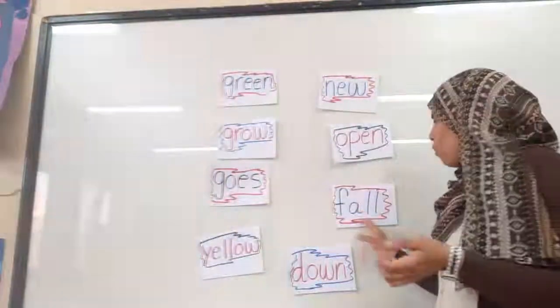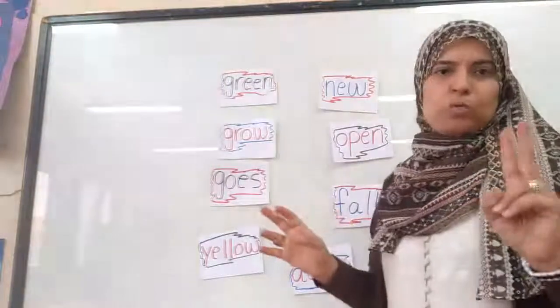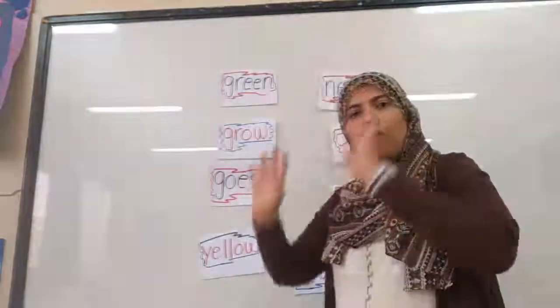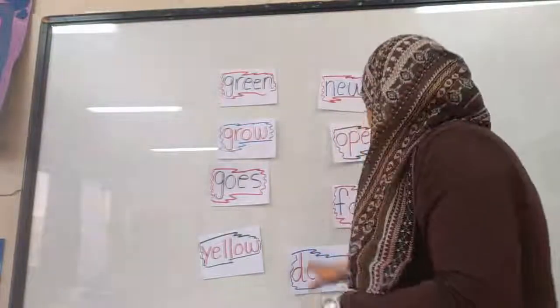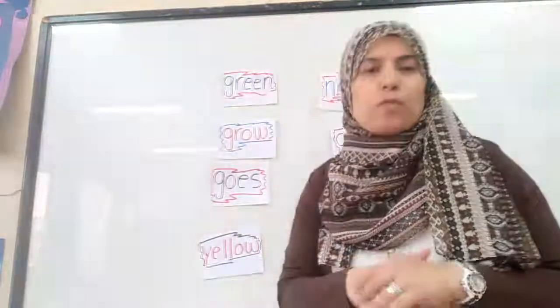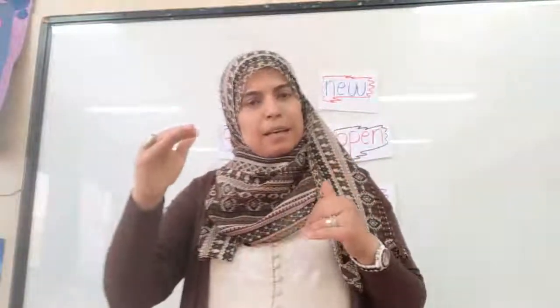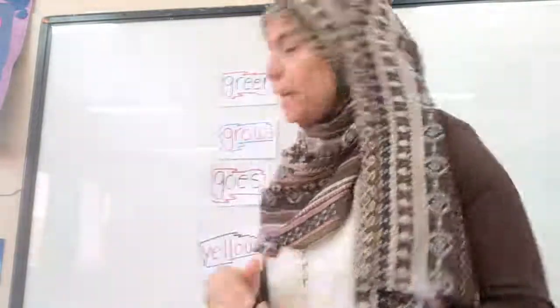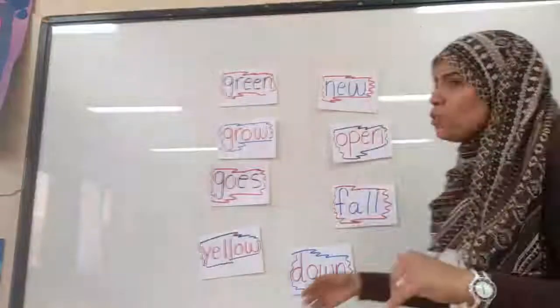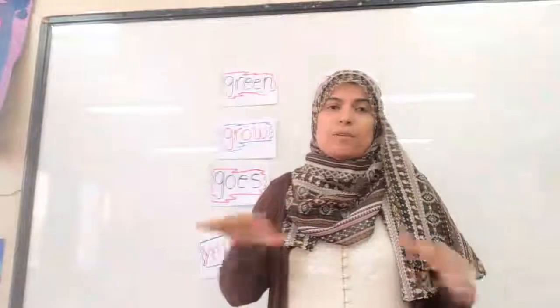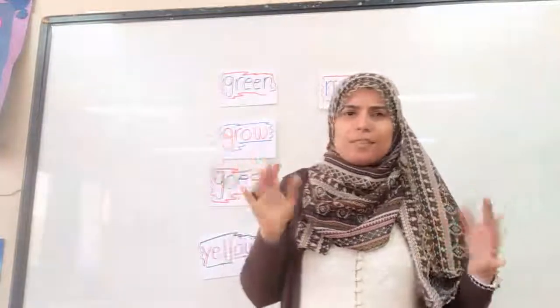Fall, and fall has 2 meanings. Fall, to fall: someone falls, we fall, okay? And fall here, in this selection, means autumn, the time between summer and winter, okay? Down, to go down: I can say the sun goes down, it means that the sun left.